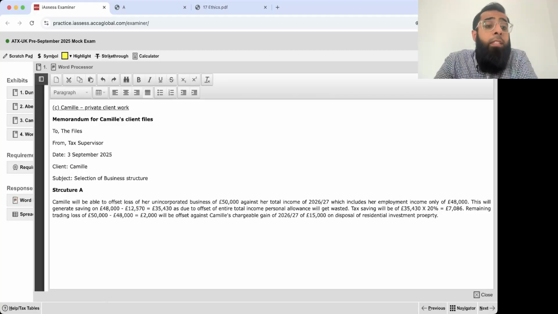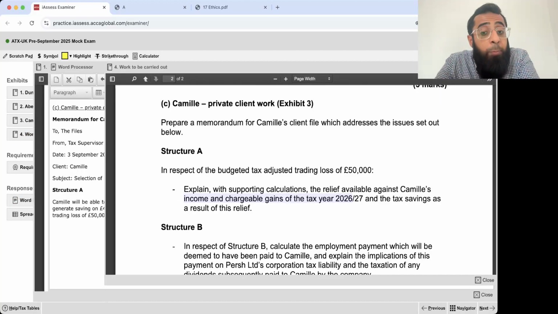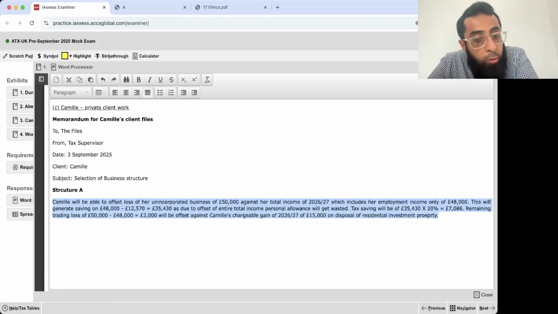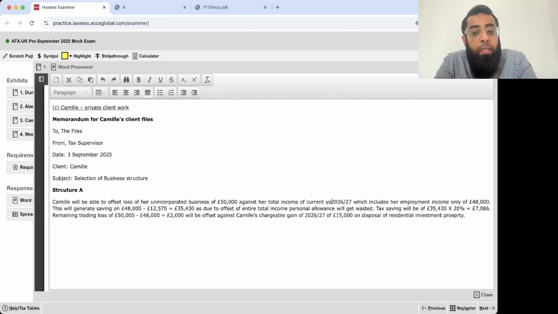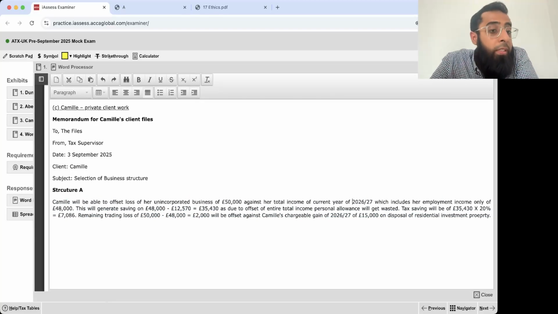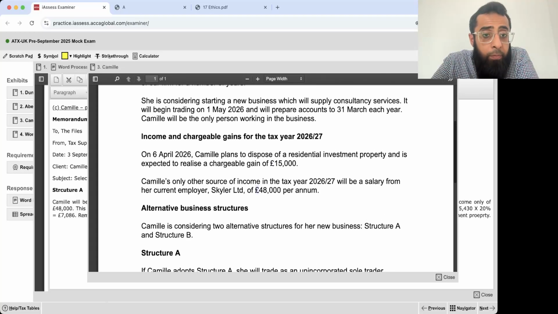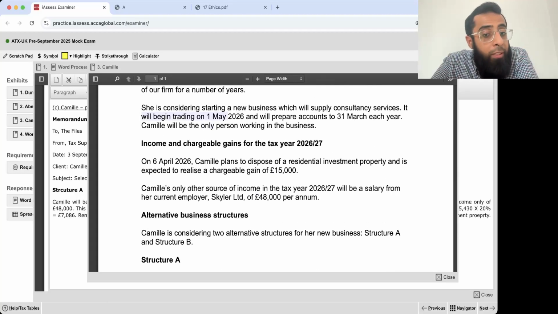See, just look at the requirement: explain with supporting calculation the relief available against Camille's income and chargeable gains of 26-27. So Camille will be able to offset the loss of her unincorporated business of 50,000 pounds against her total income of the current year, 2026-27, because you started your business in May 26, so that is also 26-27.